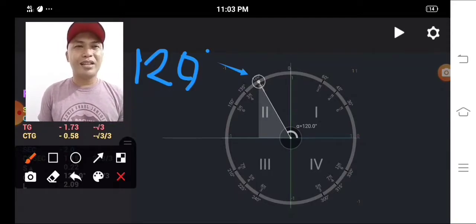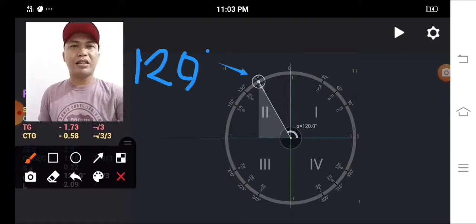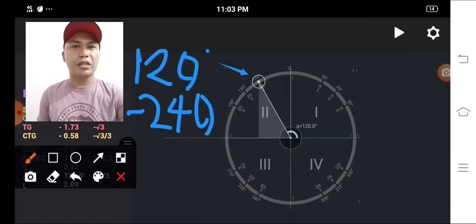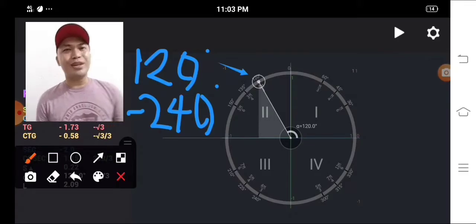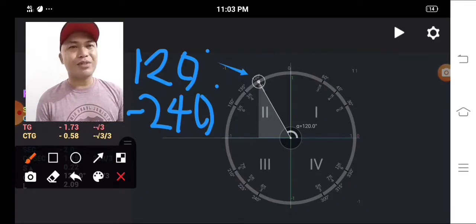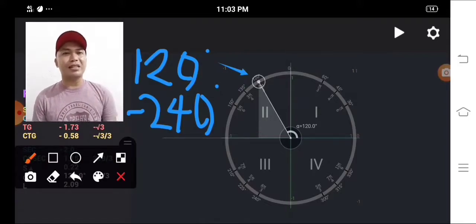Then for your greatest negative, you just subtract 120 minus 360, that is negative 240 degrees. 120 degrees is the least positive coterminal angle and negative 240 is the greatest negative coterminal angle.